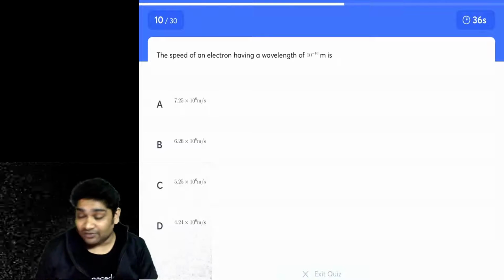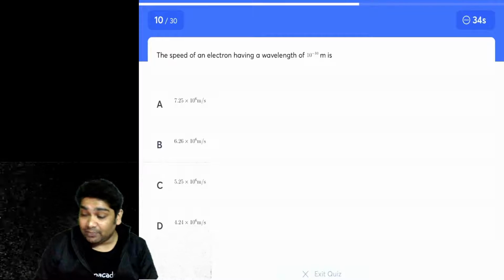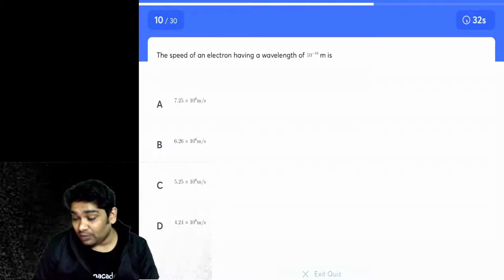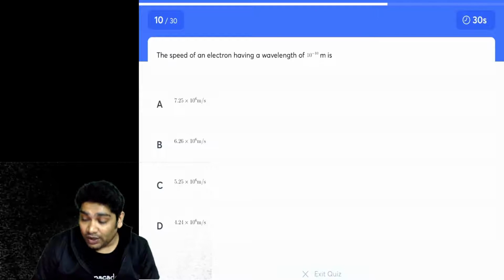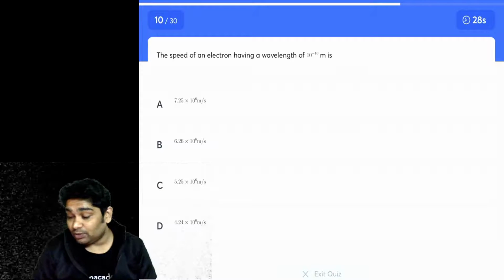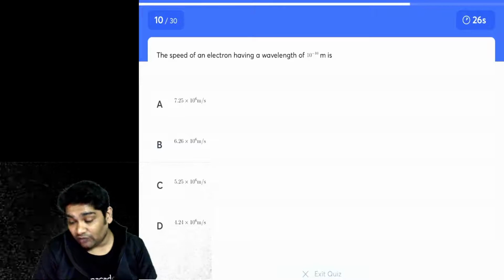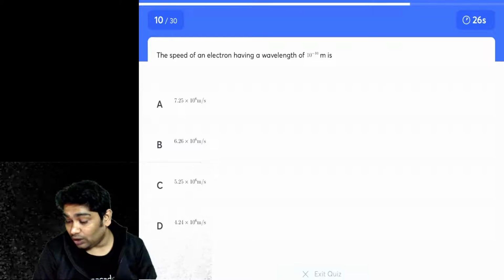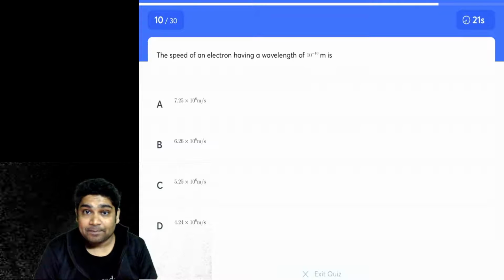Will it be A, 7.25 into 10 to the power 6? B, 6.26 into 10 to the power 6 meter per second? C, 5.25 into 10 to the power 6 meter per second? Or D, 4.24 into 10 to the power 6 meter per second?